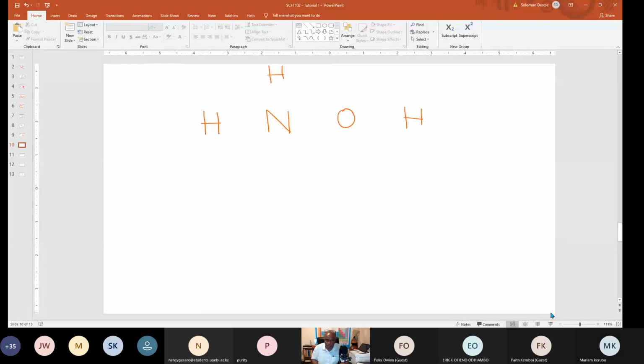We have formed a bond with them. Each of them is bonded to each other like that. So now we have 6 electrons remaining. The 6 remaining electrons, we will use them as lone pairs of electrons.